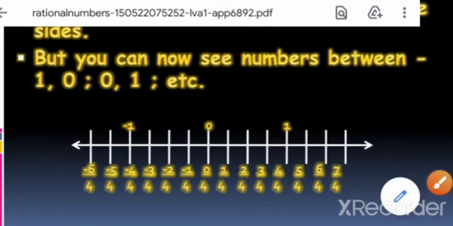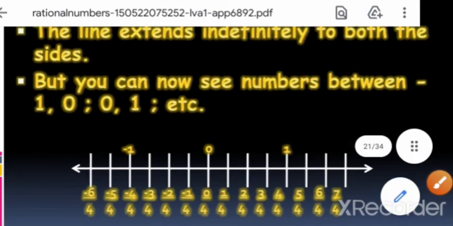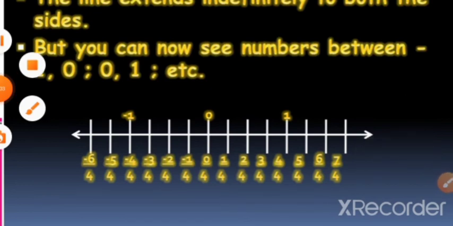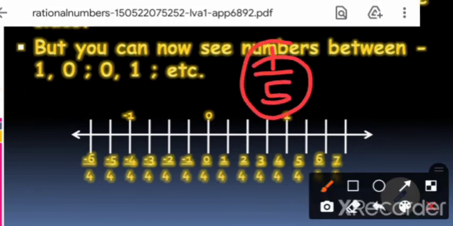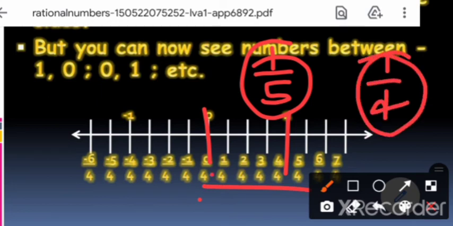Another number, say 1/5. The interval is divided into 5 equal parts. If the denominator is 4, as in 1/4, the interval from 0 to 1 is divided into 4 equal parts: 1, 2, 3, 4.